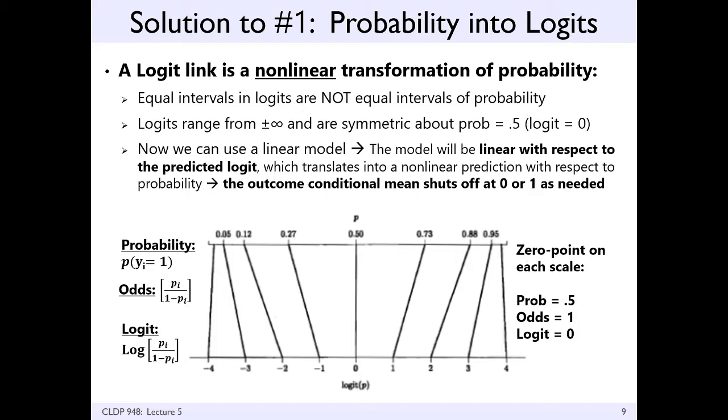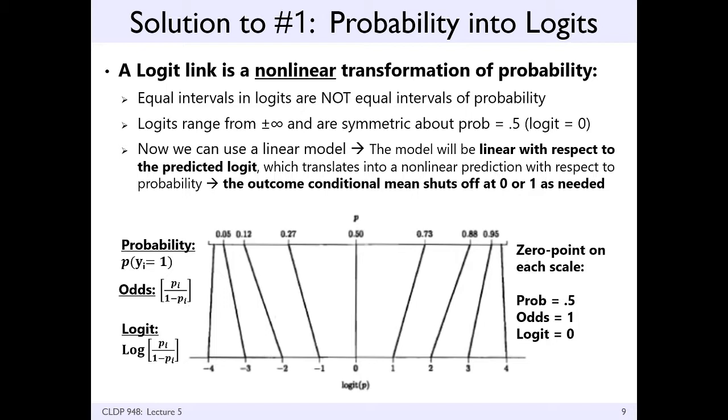And the next 1 unit change goes from 0.88 to 0.95. And the next one would be something like 0.98. So the logit can keep being predicted higher and higher and higher, just like a linear model is going to do to it. But when you back translate that logit into probability, probability stays between 0 and 1 like it's supposed to.